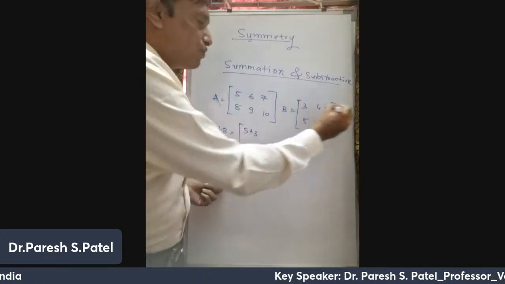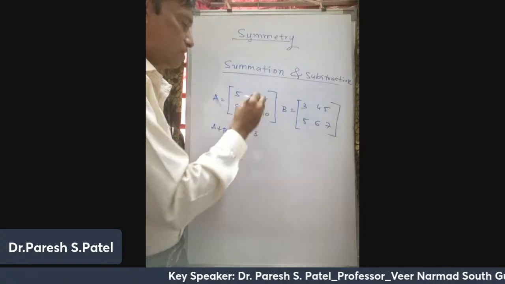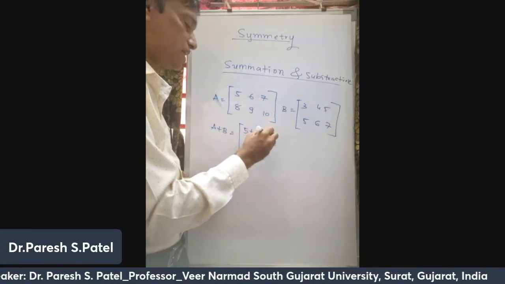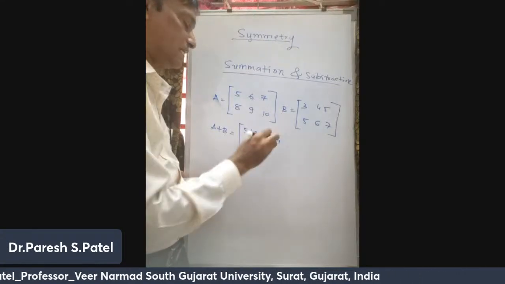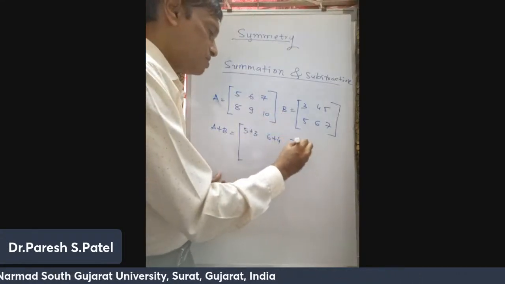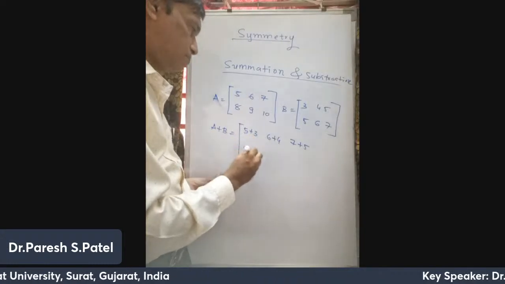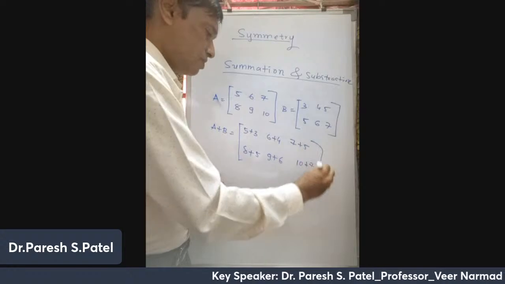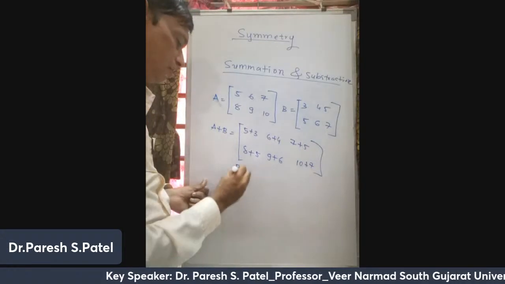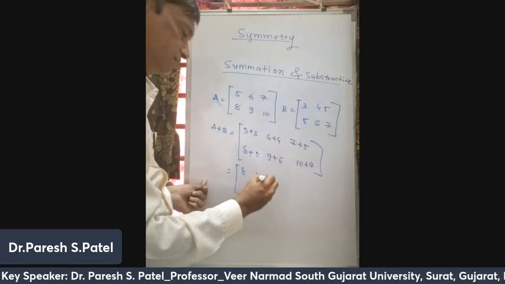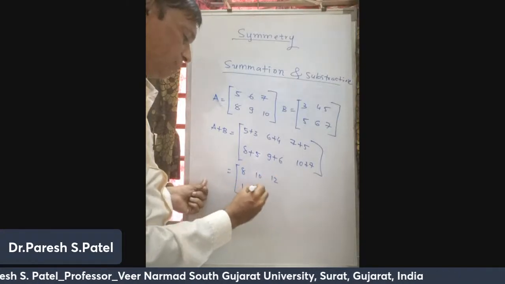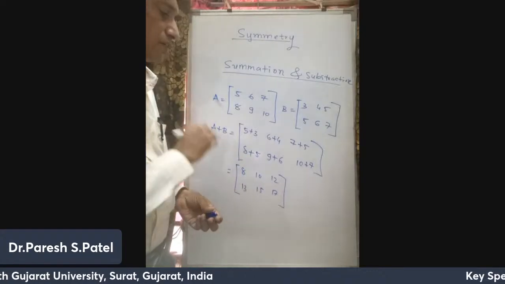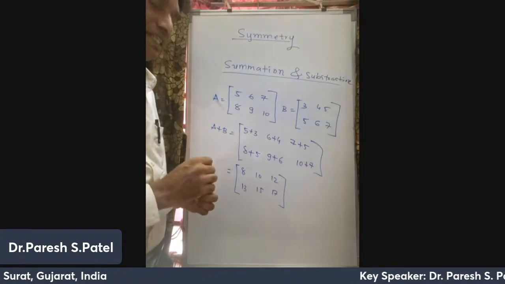Similarly, the element of the first row, second column of both matrices, 6 plus 4, then 7 plus 5, 8 plus 5, 9 plus 6, 10 plus 7. So it is equal to 8, 10, 12, 13, 15, 17. This is the summation of two matrices.